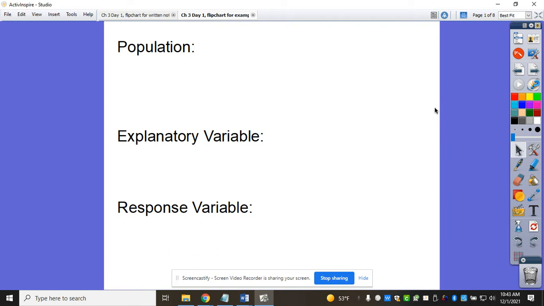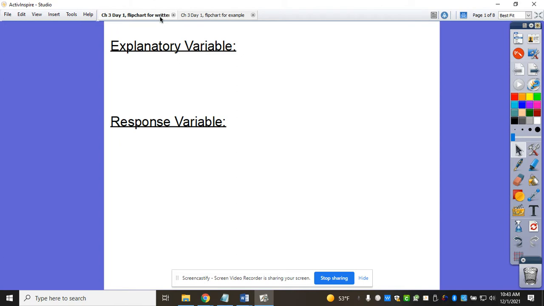So on this sheet, an explanatory variable may help explain or influence changes in the response variable.